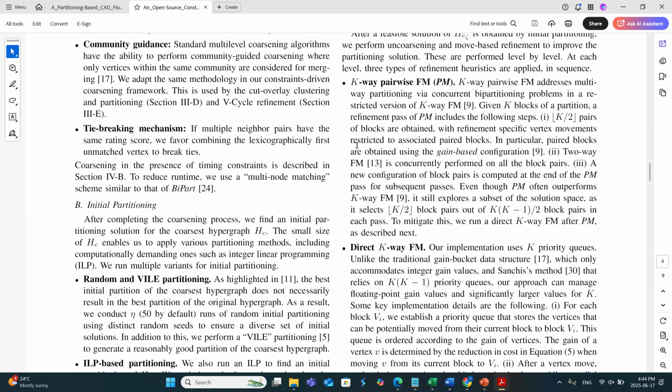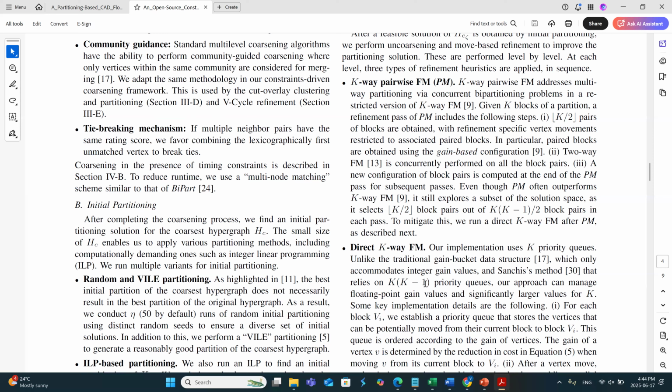So one of the things they do is they use K-way pairwise FM. Usually, in the CAD course, you study 2-way. You can generalize that algorithm: not just who's the first thing to move, but also which partition it should move to. That's a generalization of this FM algorithm to K-way partitioning.